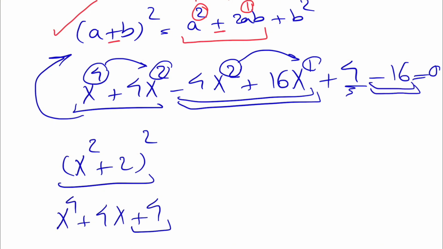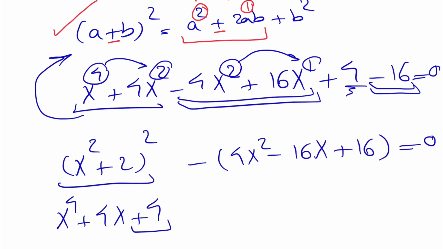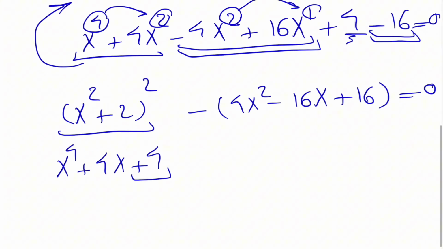And if we just factor minus 1 in here, we will have 4x squared minus 16x plus 16 is equal to 0, and this is going to be the other perfect square that we have in here, which will be (2x minus 4) squared.